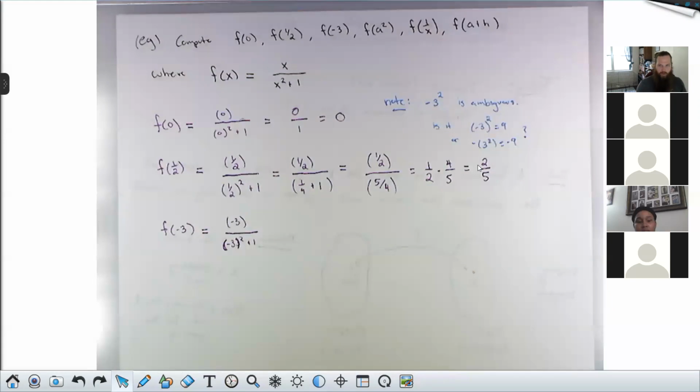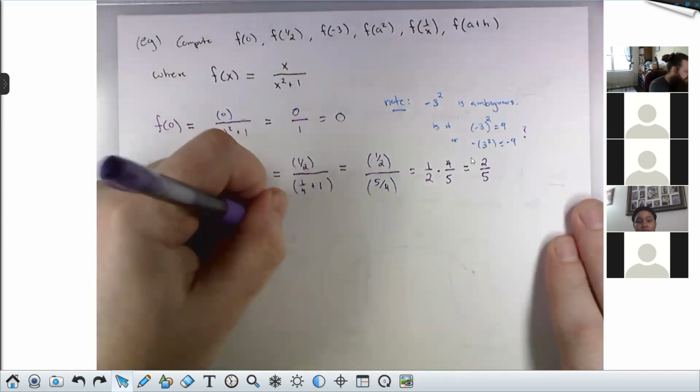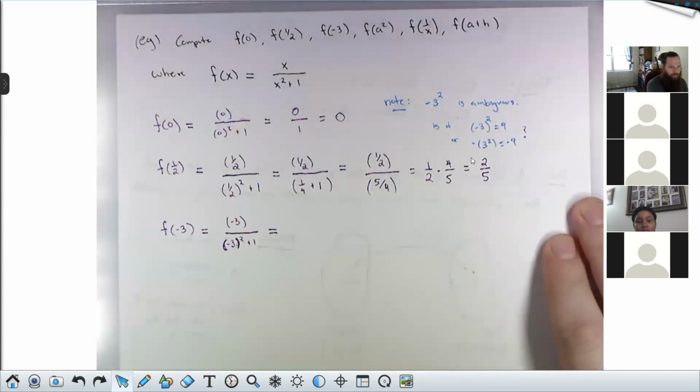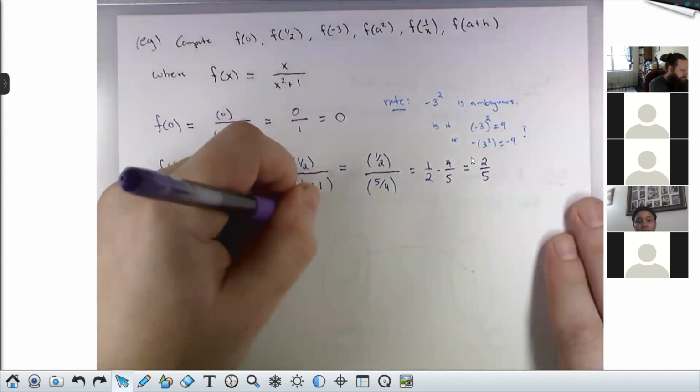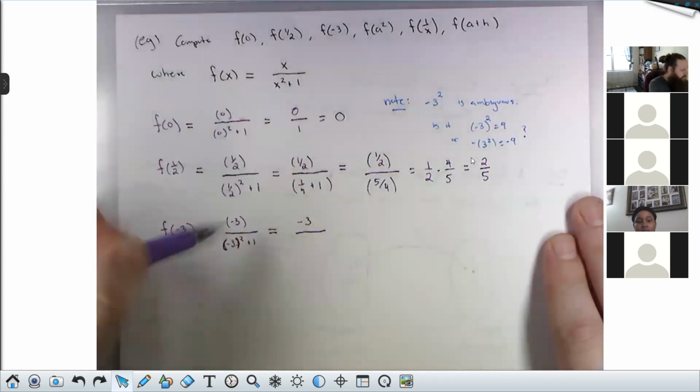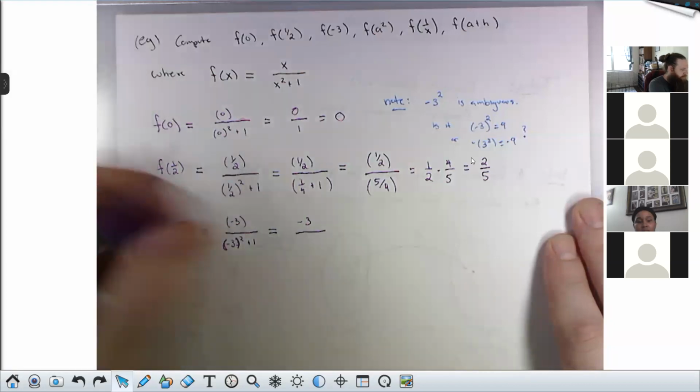So when you go plugging in a function, please always put the input in parentheses. It might seem silly, but I promise you, it will save you at least 1 point on an exam somewhere, probably more. So the top is -3. And the downstairs is the square of -3 plus 1. So -3 squared, that's +9.